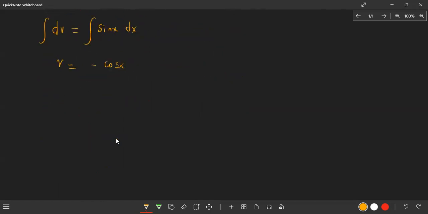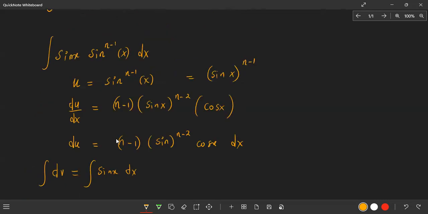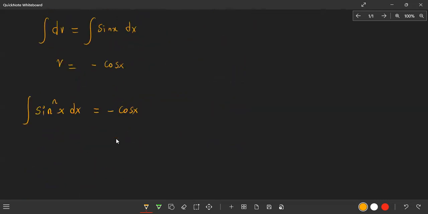Now let's substitute this in our integral formula for integration by parts. Remember that we are trying to integrate sine n x dx. This is the v times u, the product of v times u. So our v is negative cos x, and our u, we chose to be sine n minus 1 x.